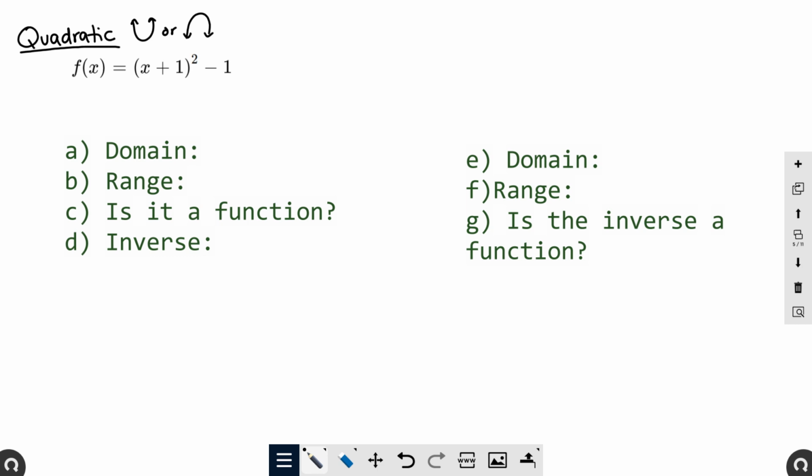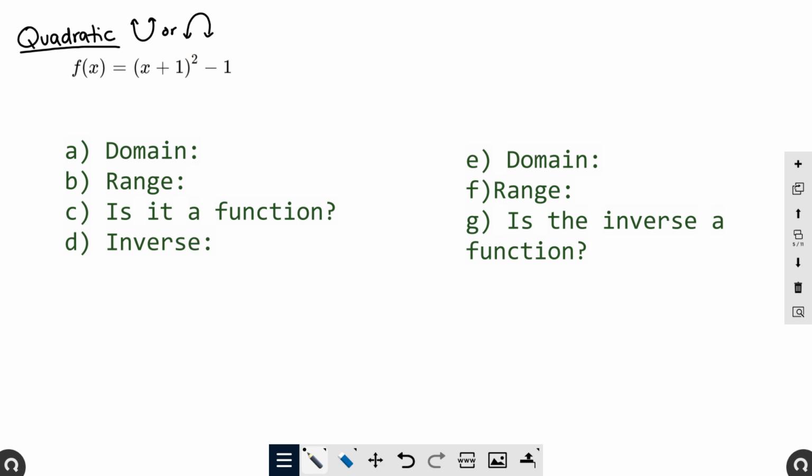Now, does anybody know what form this quadratic is in? Some of you did it on your project, but you didn't have to. It is in vertex form.